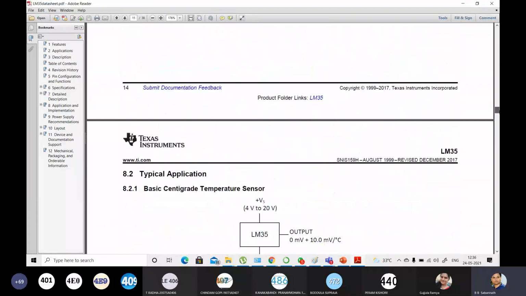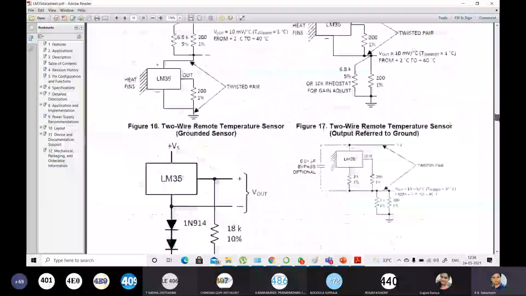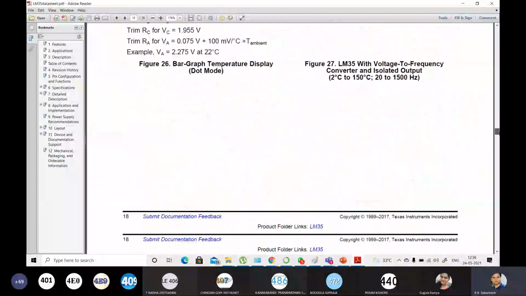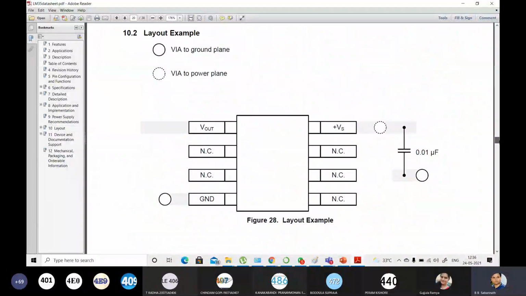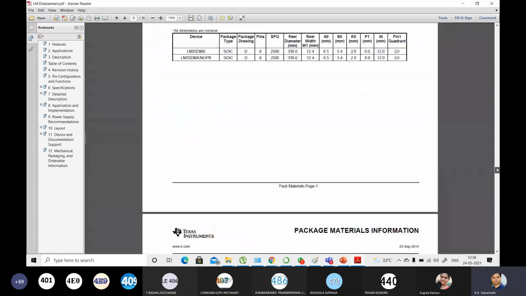After all such tests only they release the sensor outside. For the layout, if you want to design a PCB and use this sensor in it, you definitely should know the layout of the sensor. All this information is available in the data sheet.